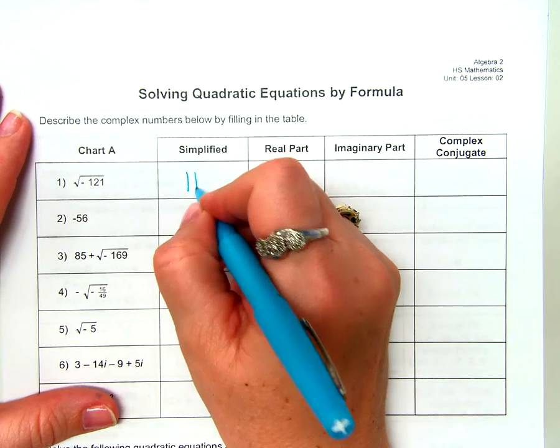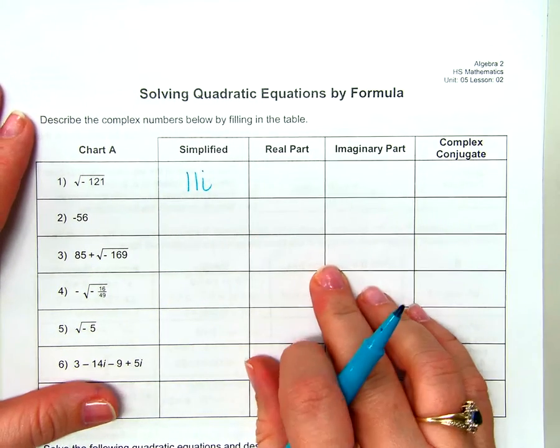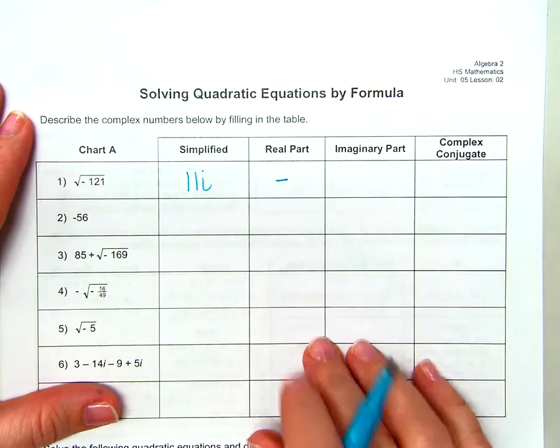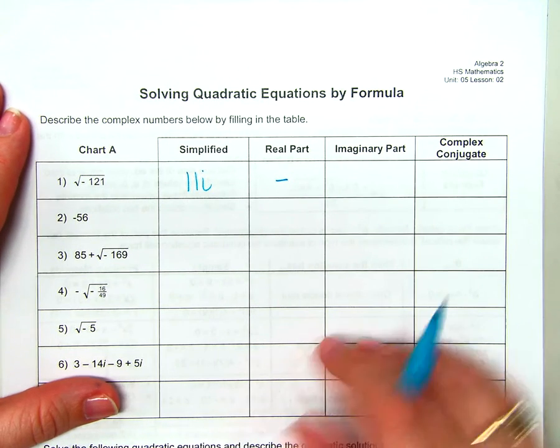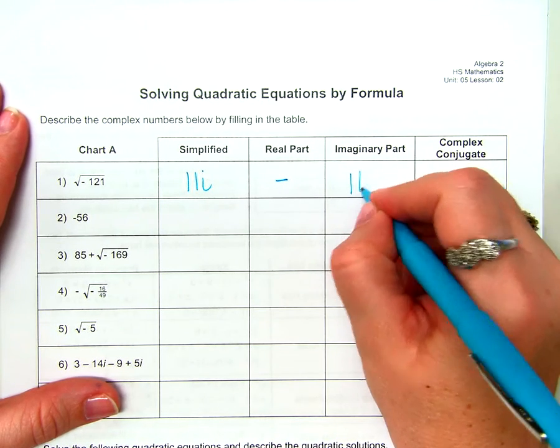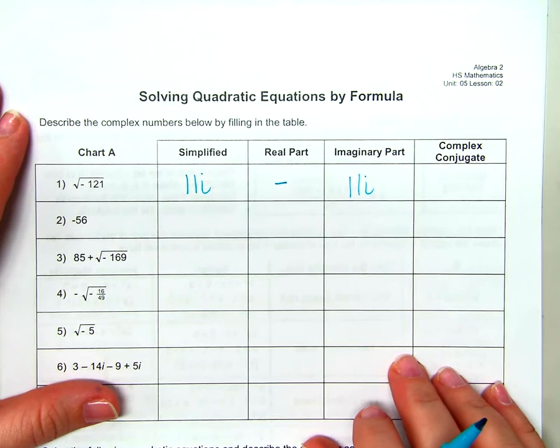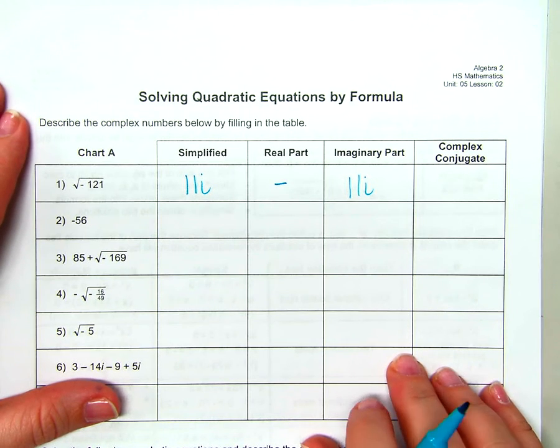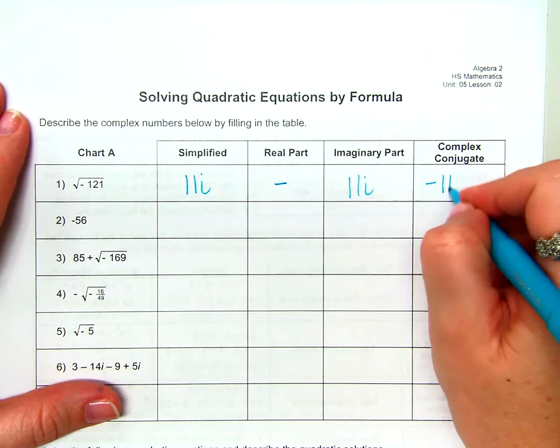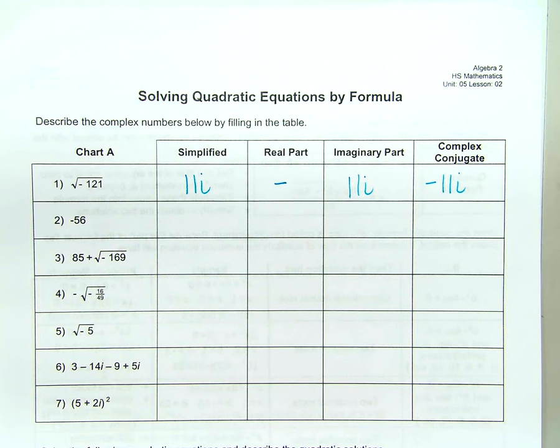Simplified is 11i. The real part, there's not one. Imaginary part, 11i. Complex conjugate would be negative 11i. You get the idea? So number 2, the complex conjugate, it's negative 56.